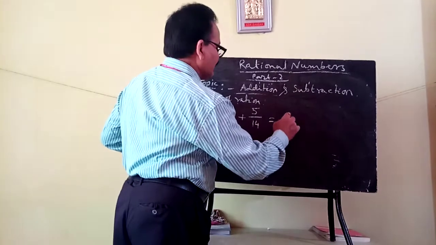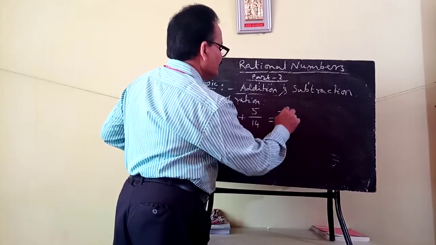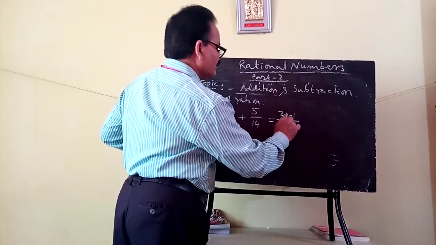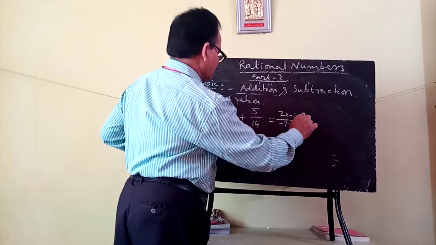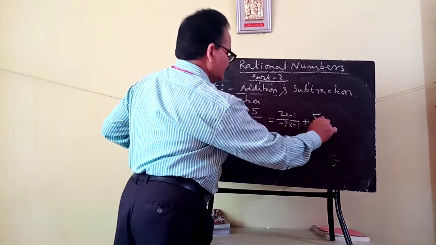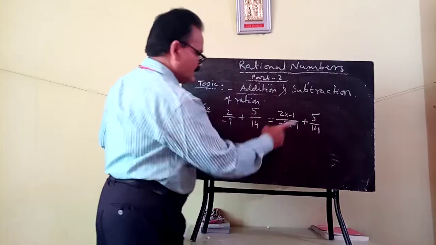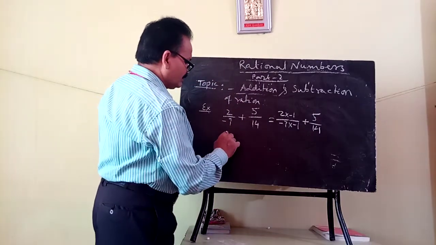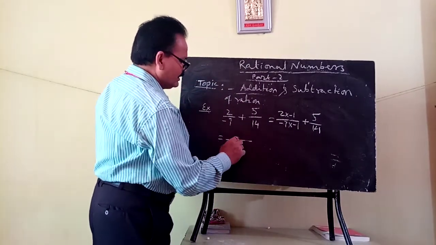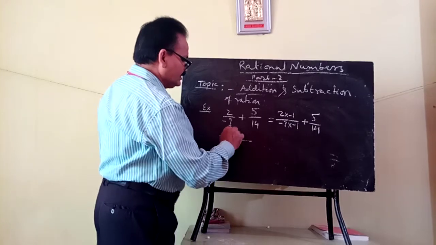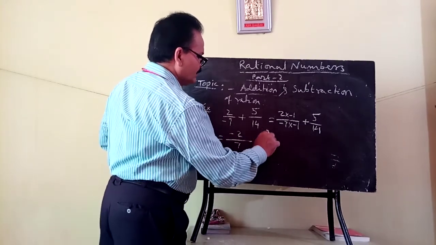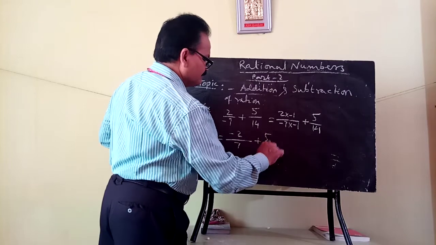Then again you write -2 into -1, -7 into -1, plus 5/14. In this way, you make the denominator positive. So this will be -2/7 plus 5/14.